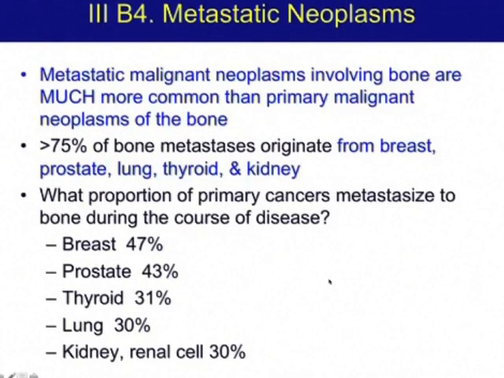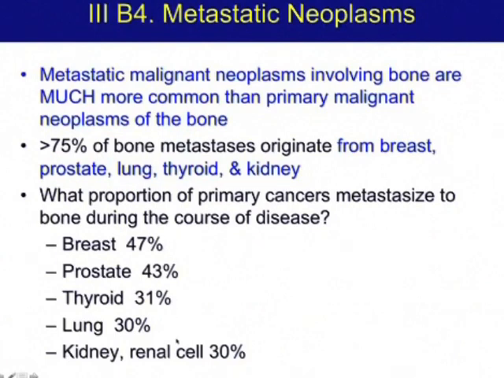So, in general, when we talk about tumors of bone, if I asked you what is the most common tumor of bone, what will you say? It should be either a metastatic lesion or a lymphoma or a myeloma. Okay? So primary tumors of bone, like the osteosarcoma and chondrosarcoma we were just talking about, are much less common than metastatic lesions in the bone.